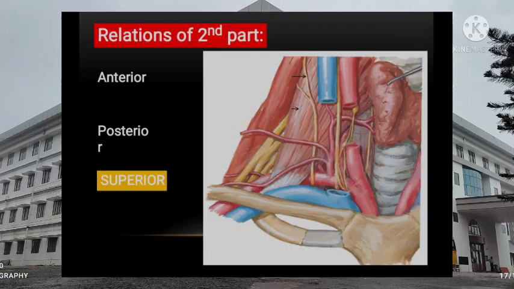Next, the relations of the second part of the subclavian artery. Anteriorly, it is related with the scalenus anterior muscle, the right phrenic nerve deep to the prevertebral fascia, and the sternocleidomastoid muscles.